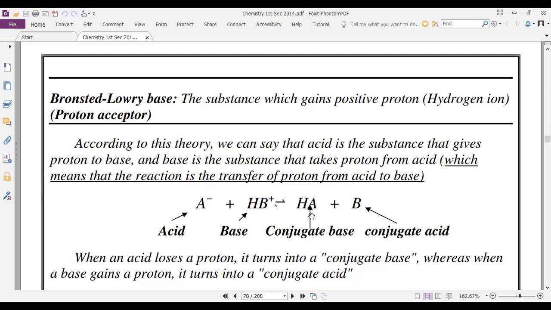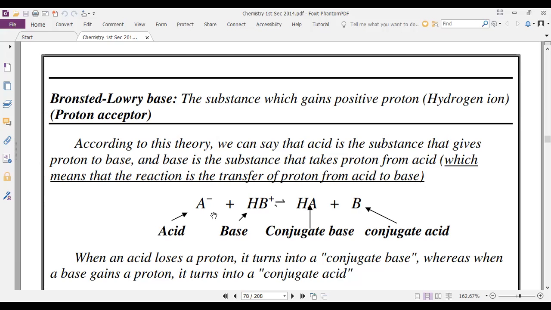A- will be defined as the conjugate base, while HB+ will be the conjugate acid. So we have acid, base, conjugate base, and conjugate acid. Again, what's the difference between them? HA is called the acid, so the other compound will be the base because it will be the proton acceptor.